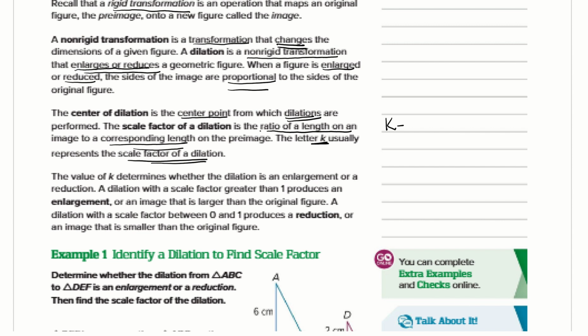And so what we mean by that is we take the image divided by the pre-image. So the image length divided by the pre-image length. Okay, so that's how we get our scale factor, K. All right, and we'll look at that in the example coming up, okay?